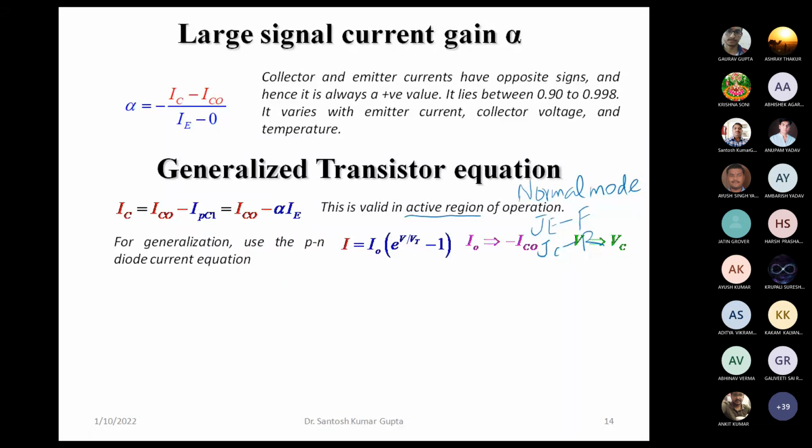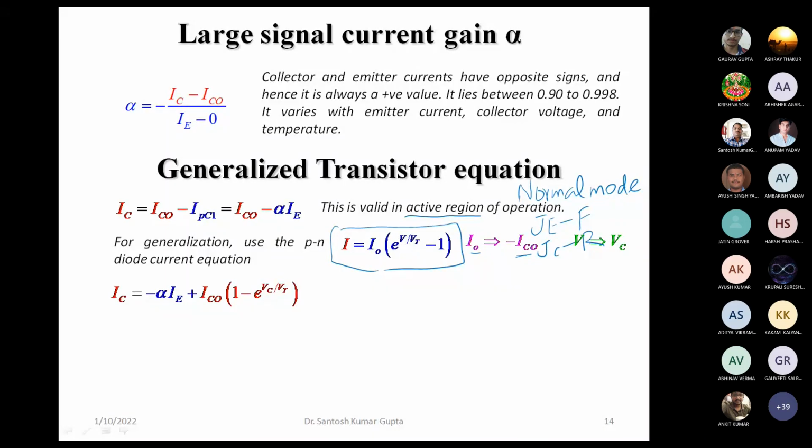So for generalization, we can write the PN junction equivalent equations. The emitter junction is forward biased, so we can write the current through this emitter junction in terms of the diode current equation. And I naught we can relate with the reverse saturation current flowing through the collector junction.